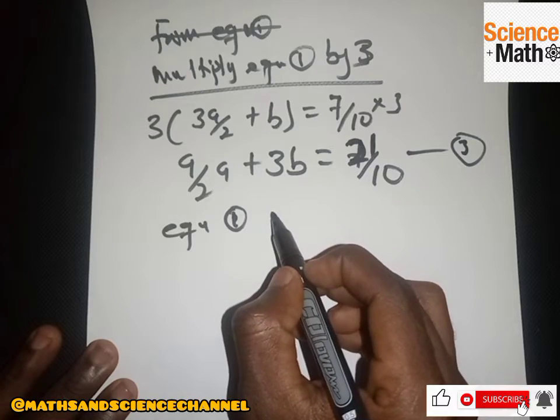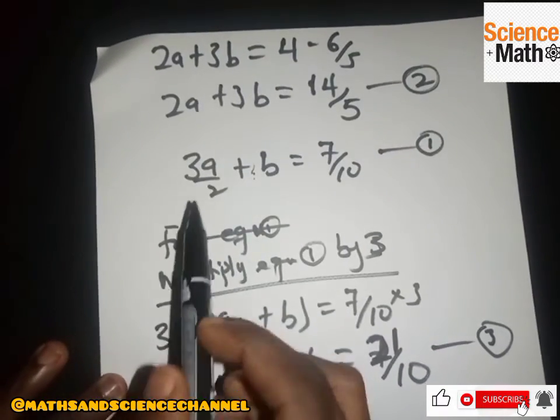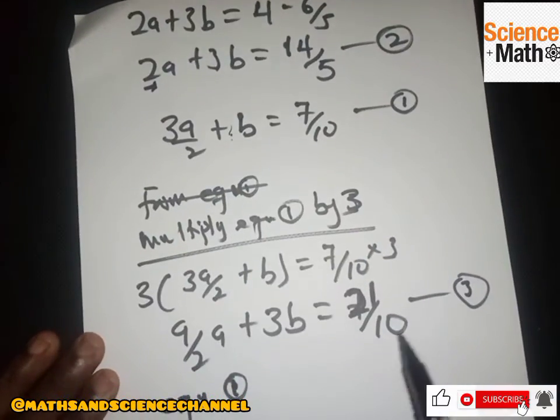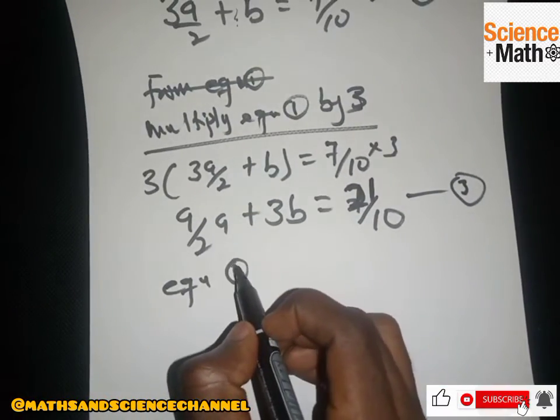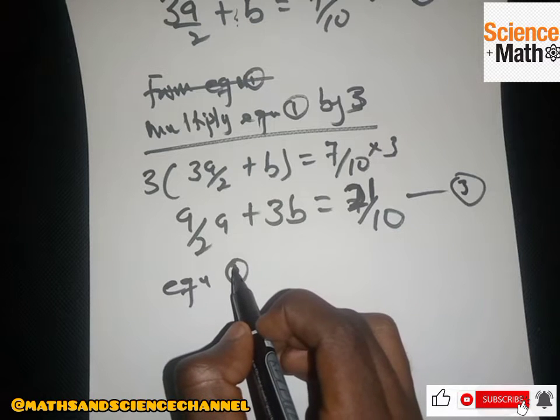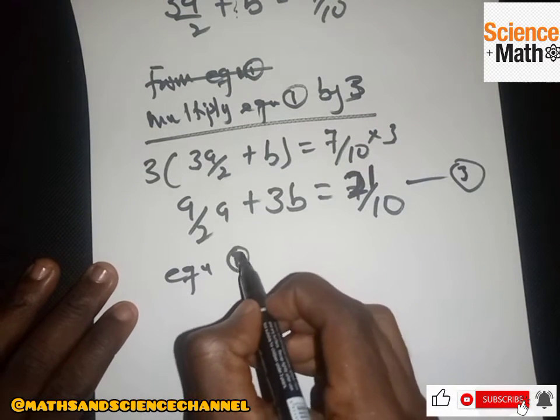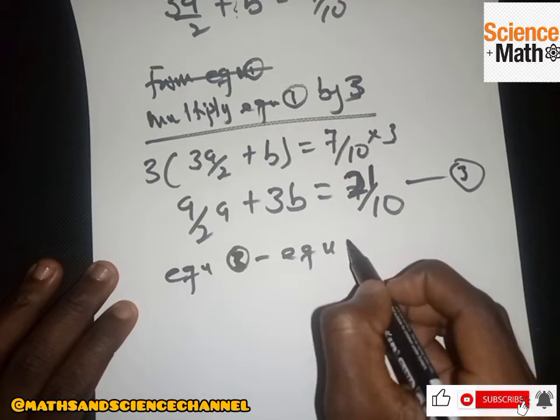So we have equation 3 minus equation 2, right? So we have equation 3 minus equation 2 here.